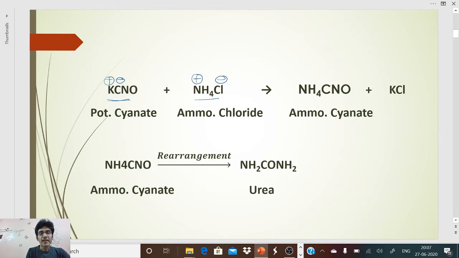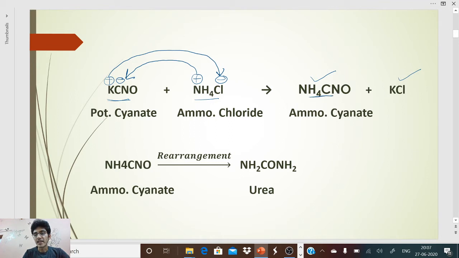So positive and negative will react with each other. So here is the displacement reaction. This positive will react with the Cl minus. This positive NH4 plus will react with the CNO minus. This is the displacement reaction. After the displacement reaction, NH4CNO is formed, and KCl is formed.